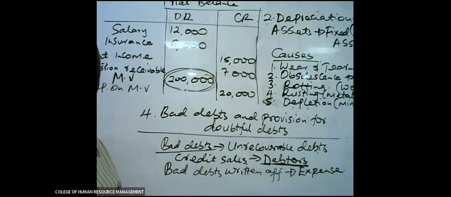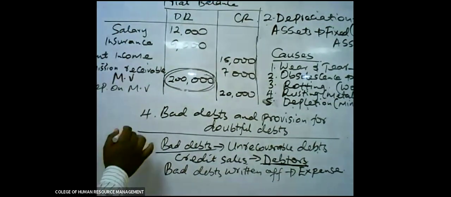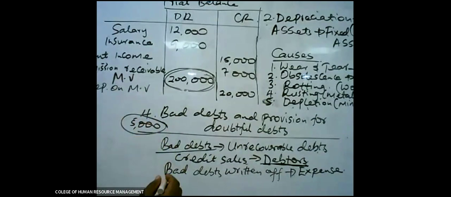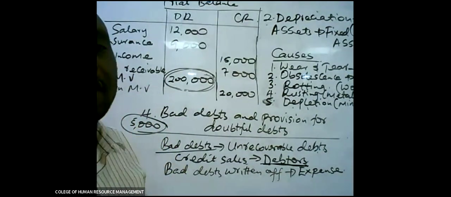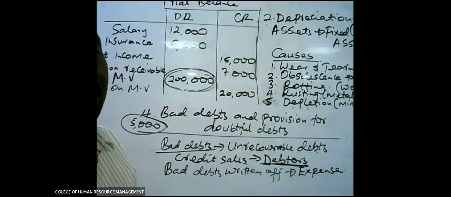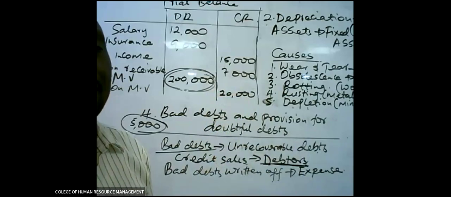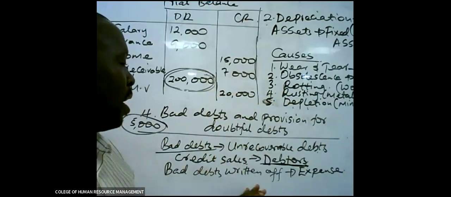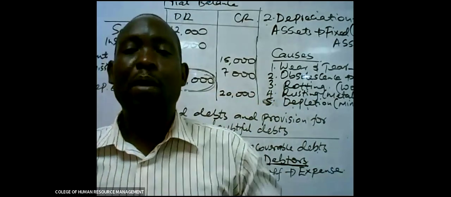So in that financial year, if I have considered that maybe probably 2 of my customers are bad debtors, and the total amount that I was expecting from them was maybe 5,000, then this 5,000, when I'm considering the expenses for that year, I will also treat that as an expense. So when I'm writing the expenses for the year, electricity, the amount of money I spent for salaries and wages, I'm also going to consider bad debt written off 5,000 to be among that.